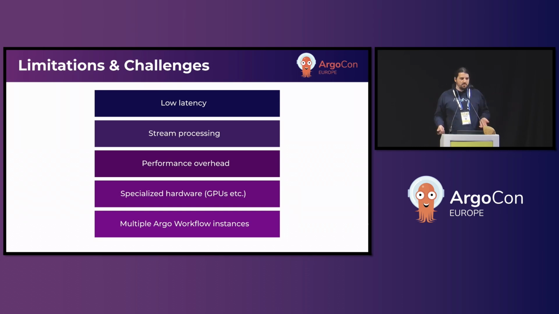You get some performance overhead here because you do some work, especially from the integration part, where you do some work you wouldn't need to have done in the first place, but you get something back from this work. As I've said, specialized hardware is a little bit of a problem, and maintaining and managing multiple Argo Workflow instances is also sometimes a little bit tricky because it is not that easy to have a federation of Argo Workflow instances together.